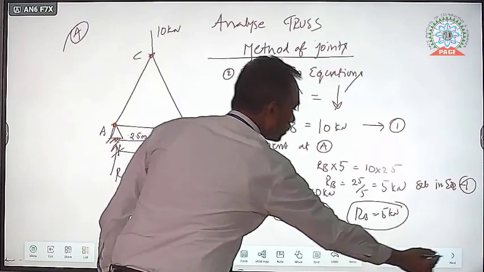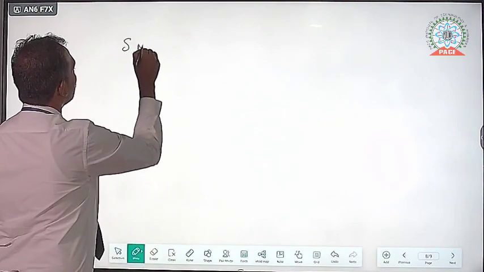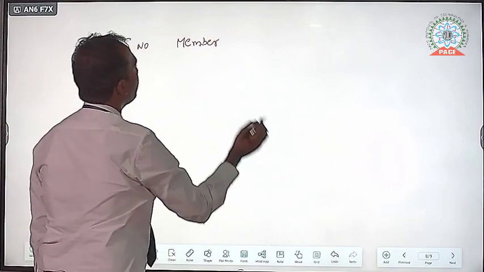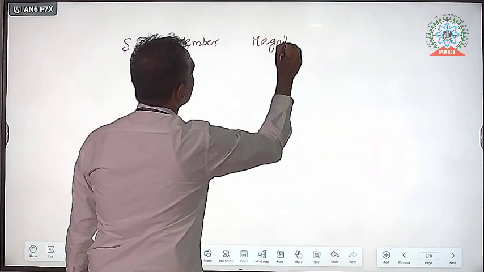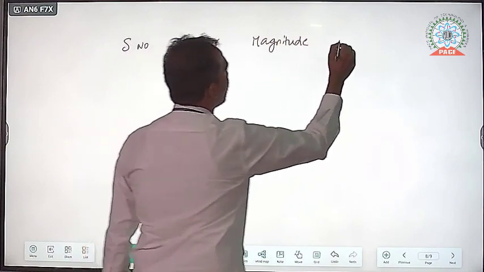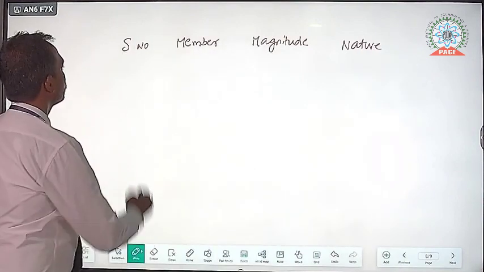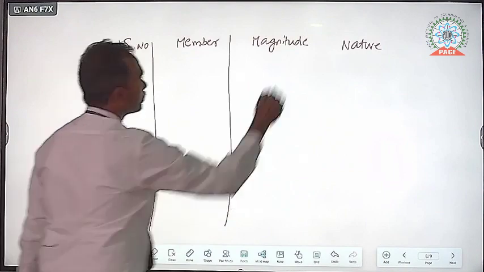Our next portion is to tabulate these values. Serial number, member, and magnitude, and finally nature. Finally we should tabulate these values like this.